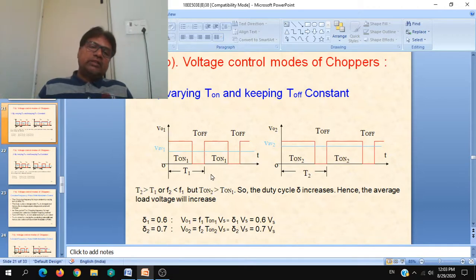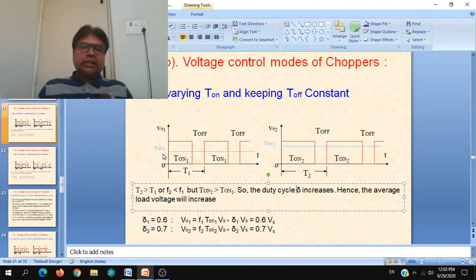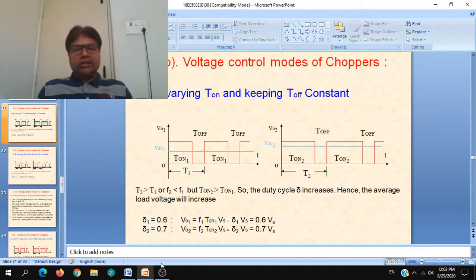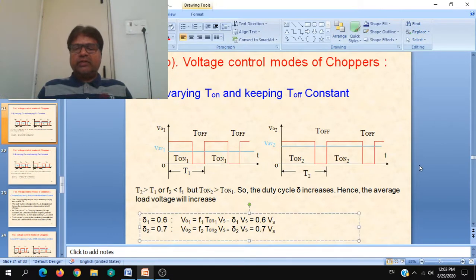And this first case corresponds to lesser time period and higher frequency, so less delta duty cycle, so less average voltage. That is shown over here. Delta 1 for this case is 0.6, for this case it is 0.7. So ultimately it is 0.6 Vs, and here it is 0.7 Vs.